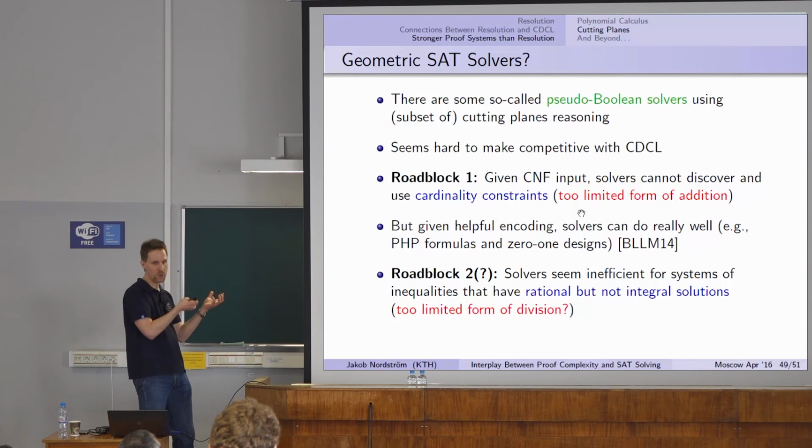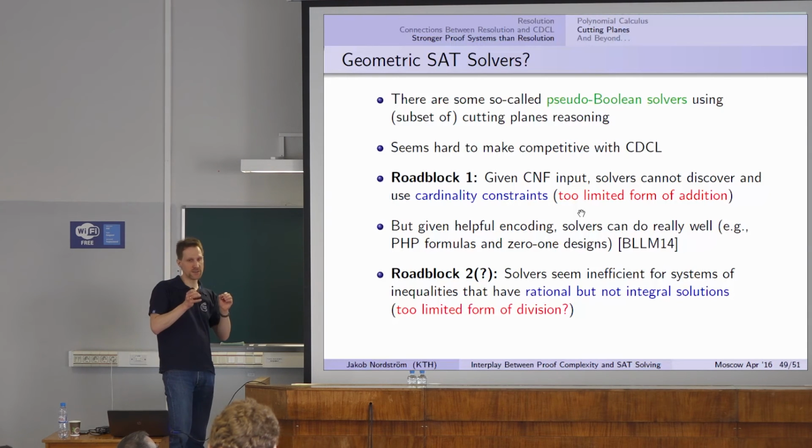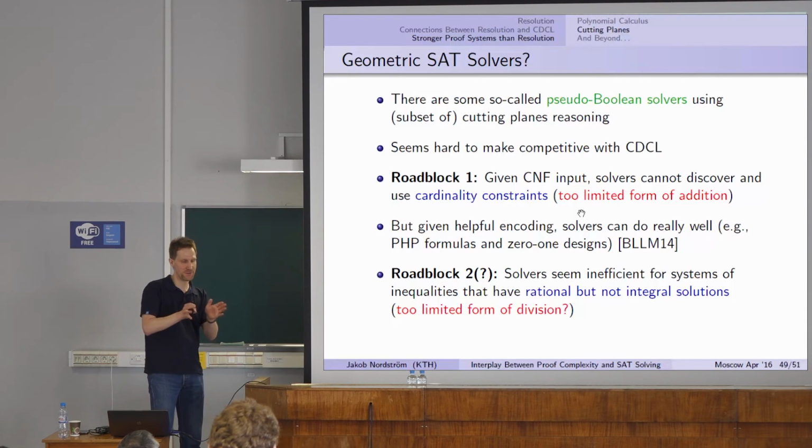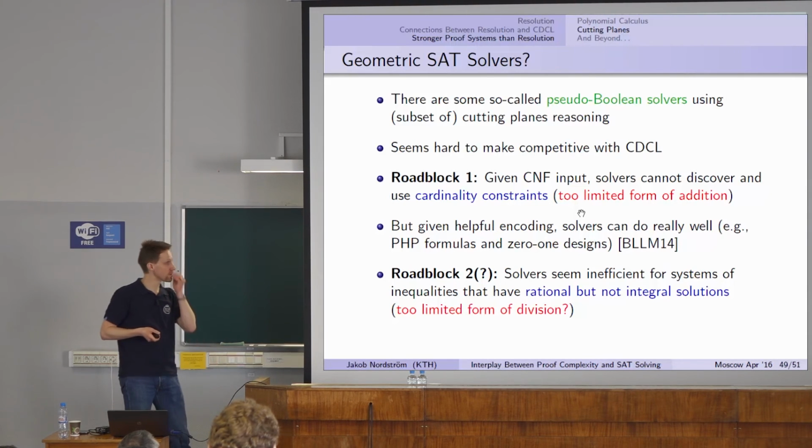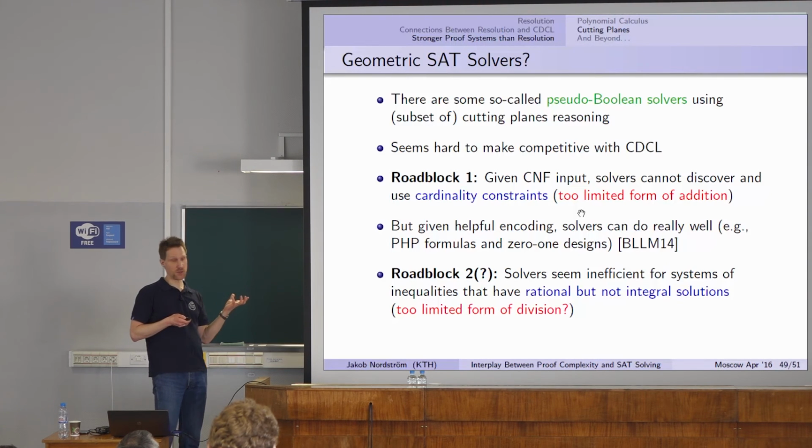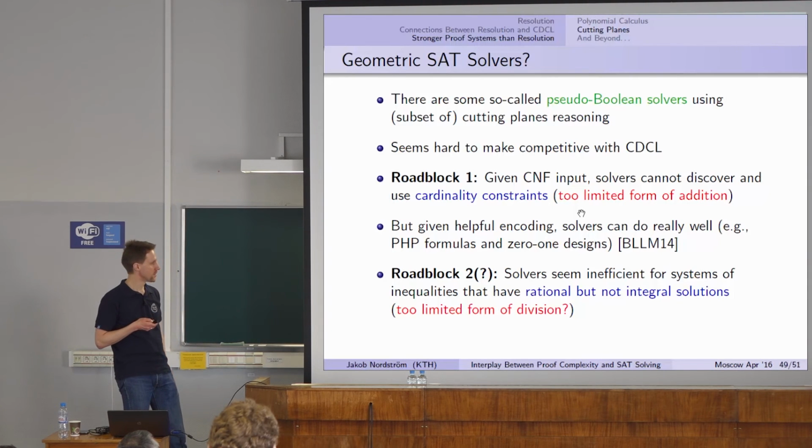Somehow their algorithms are searching a too narrow subspace of cutting planes to give the algorithms the opportunity to shine. Coming with a theoretician's glasses, you can see that if you do this, you will essentially be doing only resolution. This is something they maybe hadn't realized. But there are a number of interesting algorithmic questions, like could you algorithmically harness the power of cutting planes?